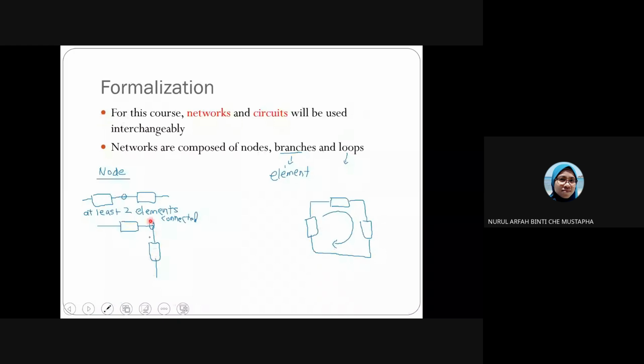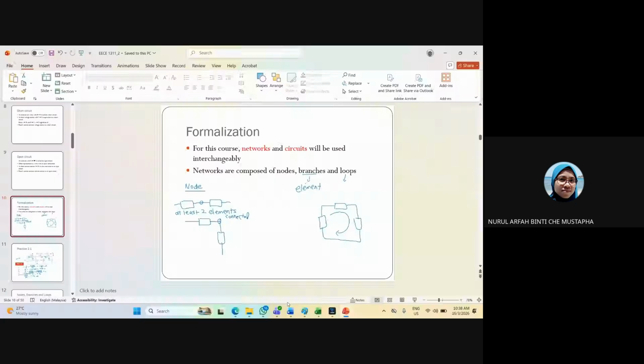Between these two there is a single point. We call it a node. We have three branches, or three or more, right?